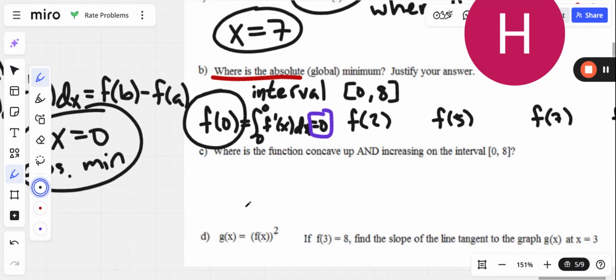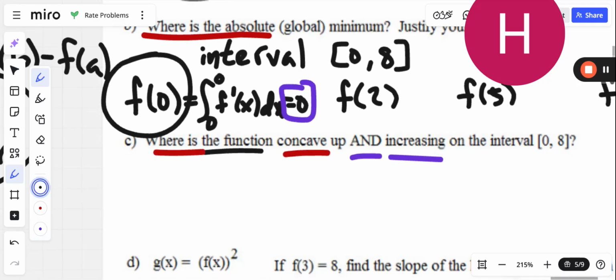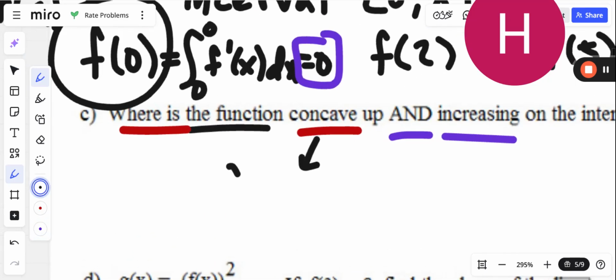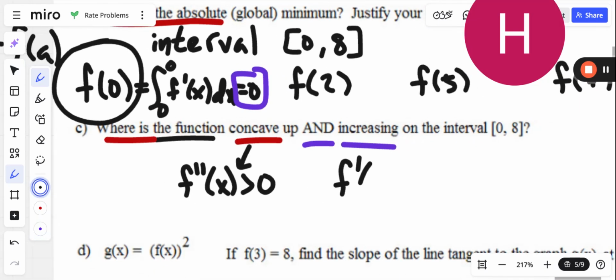Okay, part C. Where's the function, again, I think we're talking about the original function, concave up and increasing? So this means that we want the second derivative to be positive, and we just want f prime, the first derivative, to be positive.